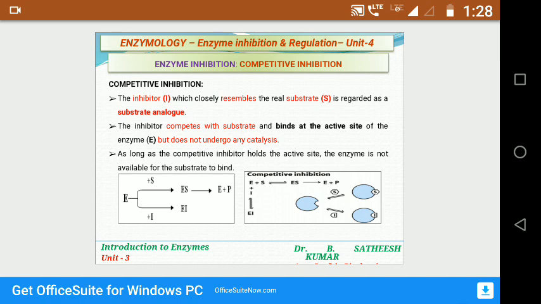If the concentration of inhibitor is more, then the inhibitor has a greater chance to bind to the active site. If the concentration of substrate is more, then the substrate may bind to the active site more than the inhibitor does. So it depends on the relative concentration of the substrate and inhibitor.